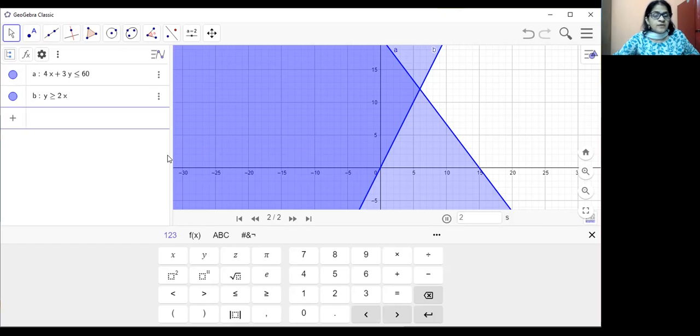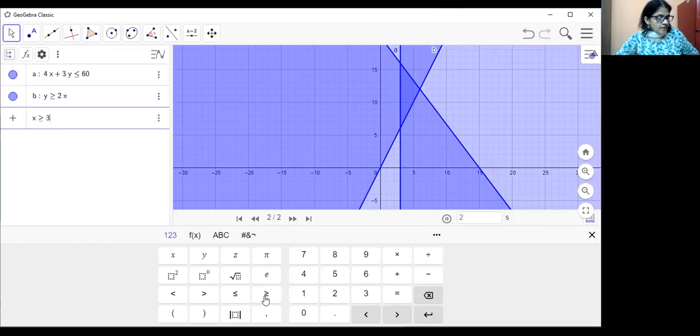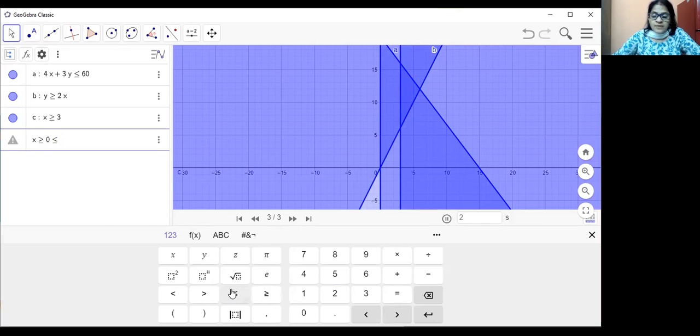Then x greater than or equal to 0. Now you can clearly see. Next you can see y greater than or equal to 0.